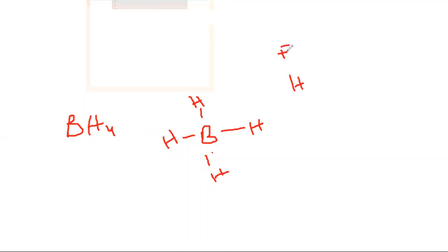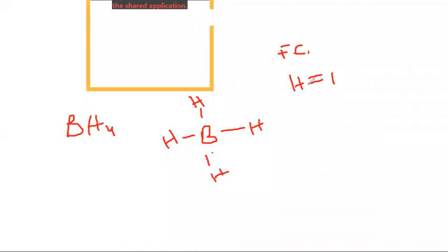So again, formal charge for the hydrogen. There is only 1 valence electron, because hydrogen belongs to the first group. Then you have to subtract the lone pairs. There are no lone pairs, minus half. How many bonding electrons are there?